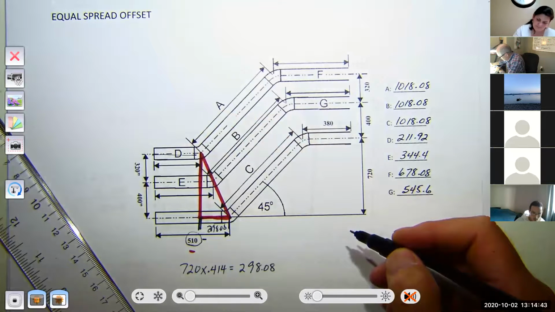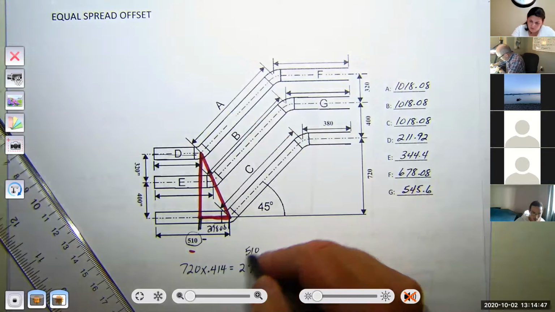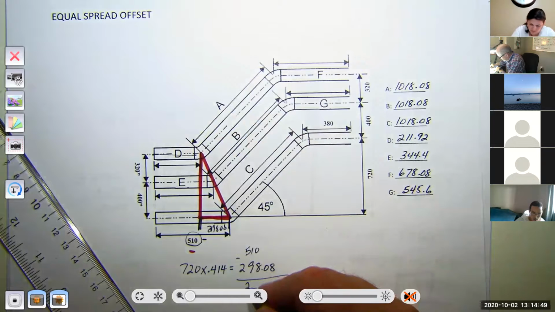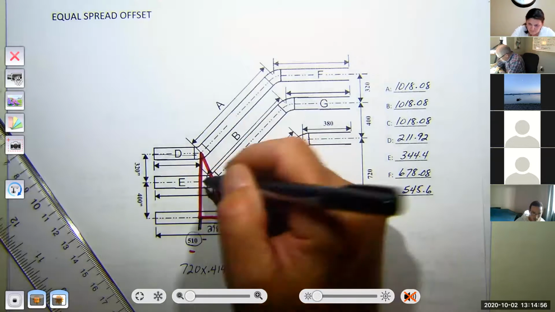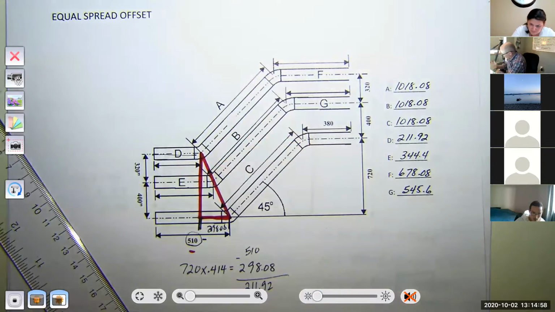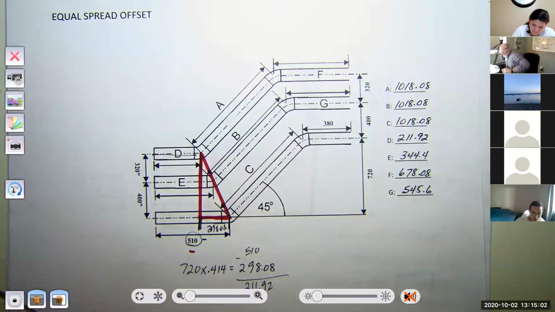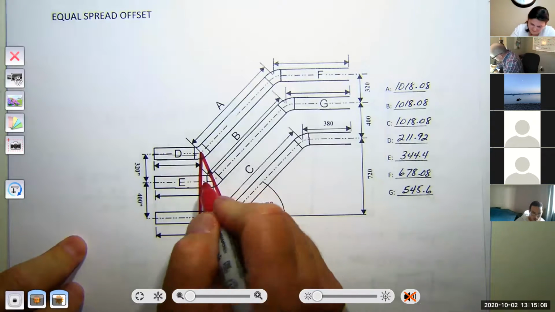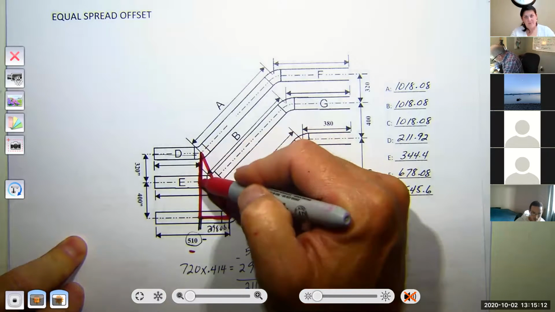Okay. So 510 minus 298 is 211.92. And then for E, you know, when you throw these Sharpies around, they stain everywhere. I'm going to have another 22.5 degree right angle triangle here.